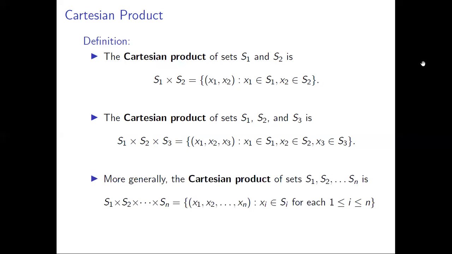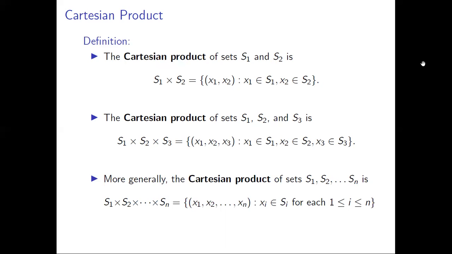So x1, x2, dot dot dot, all the way through xn. So all such possible lists such that each xi is an element of Si for each value of i between 1 and n, right? So i is like an index variable that ranges between 1 and n.